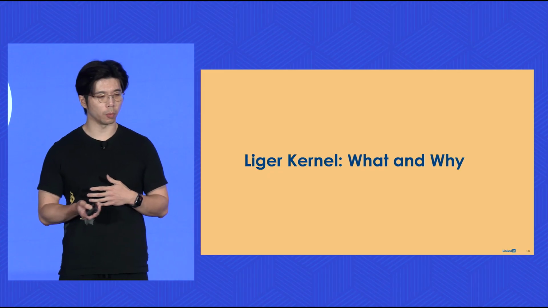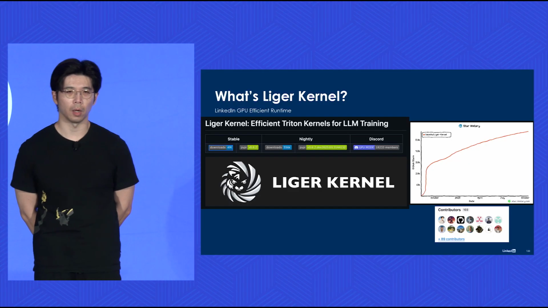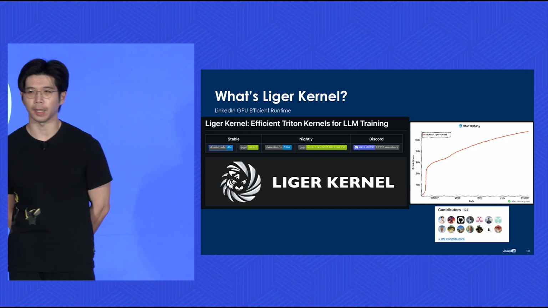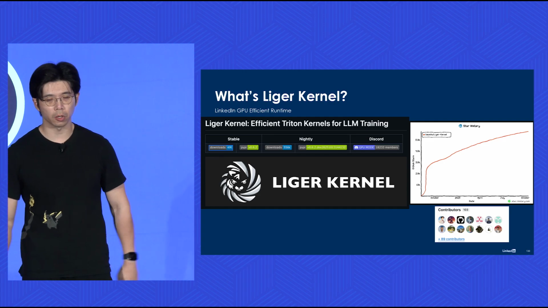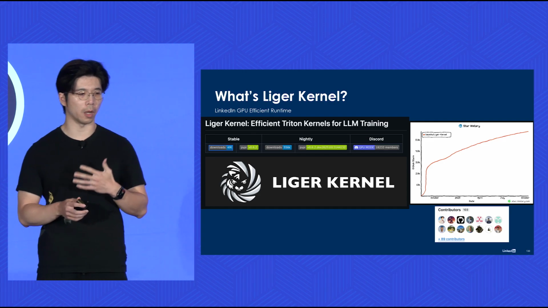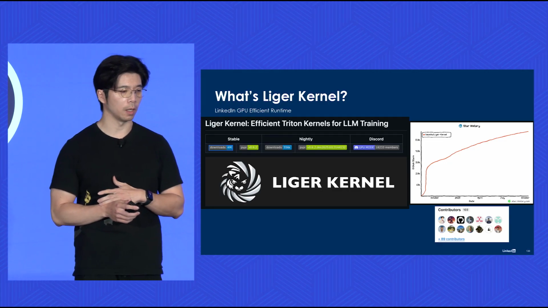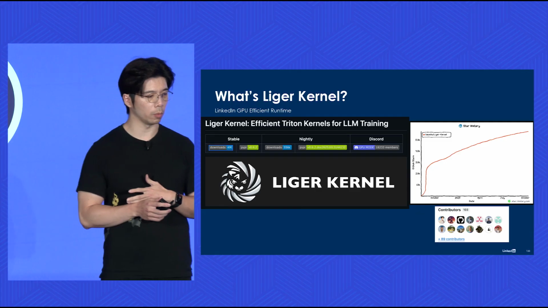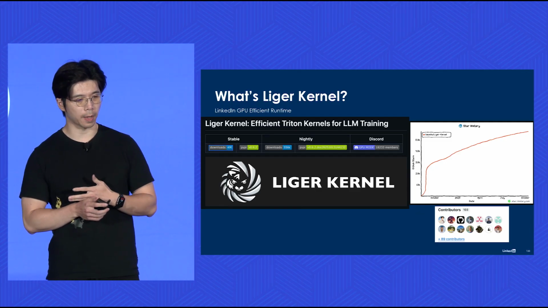Okay, so first we talk about why we're building Liger kernel. In the first place, what does Liger stand for? Liger is short for LinkedIn GPU Efficient Runtime, and Liger kernel is basically a repository of efficient Triton kernels for LLM training. Ever since we open sourced it last September, we're now receiving over 4 million downloads and a little over 5,000 stars.